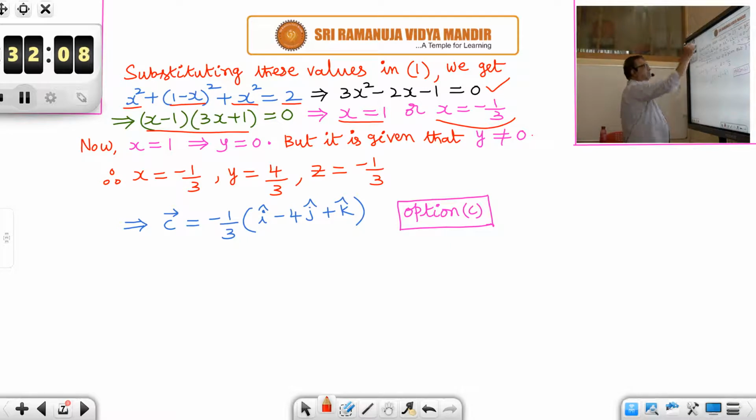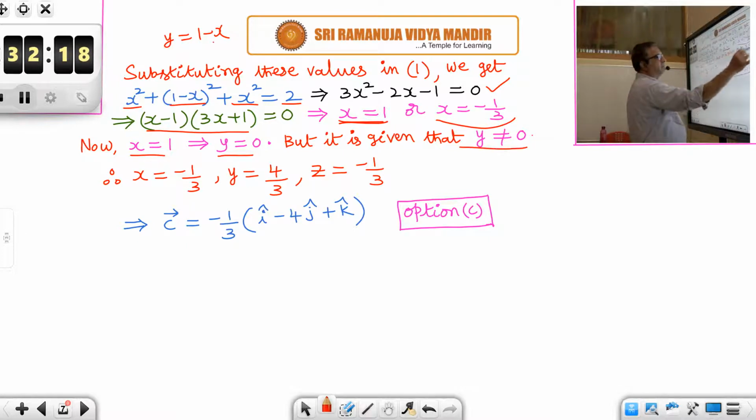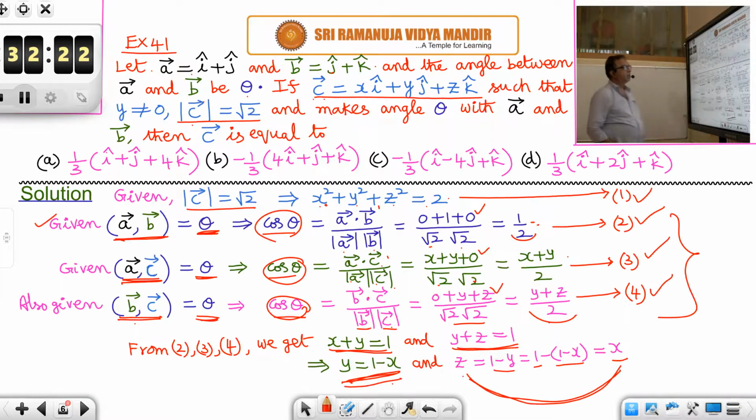Because y is equal to 1 minus x, if you take the first value x equal to 1, y will be 1 minus 1, 0. But it is given in the problem itself that y is not equal to 0. Let us go back and see. Here he has given in the problem y is not equal to 0.